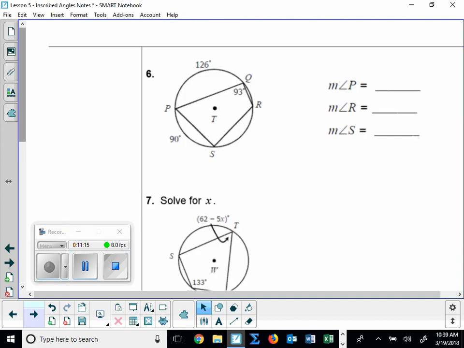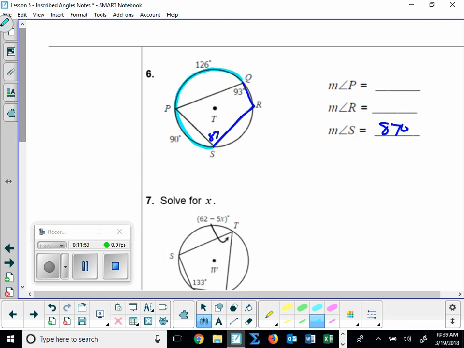Let's try number 6. We've got a lot going on in this picture, don't we? Let's see. I know that opposite angles have to be supplementary. So Q and S are supplementary. 180 minus 93, that's 87. That's right off the bat. Now, let's figure out R. There's angle R, and it intercepts this arc.